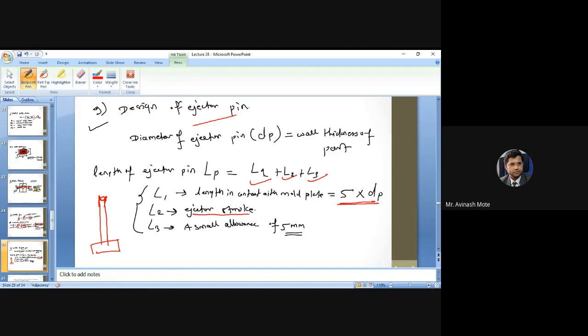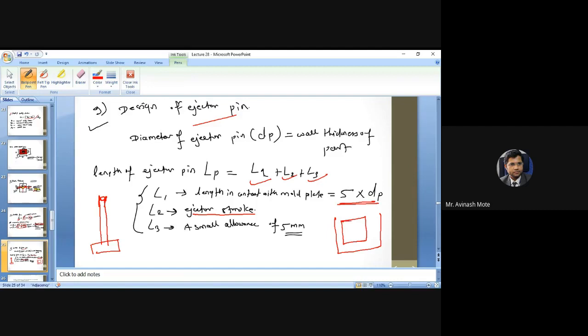Second, the ejector stroke will be given in the problem, or else there is one more method. Suppose this is the component you are going to manufacture. For this you require a mold of such size or lesser size, but this shape.